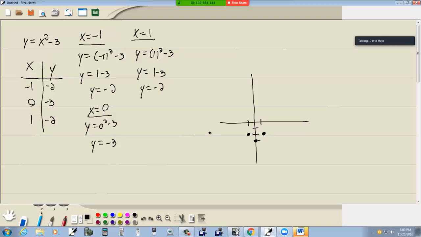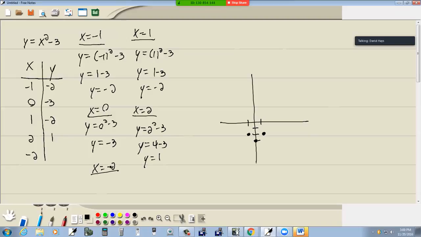Now it really doesn't give us enough idea of what's happening to come up with the graph. So what we'll do is we'll plug in a couple more points. We'll put in 2 and negative 2. Okay, so let's plug in 2 in the original equation. So we've got y is equal to 2 squared minus 3. 2 squared is 4, so we've got 4 minus 3, or 1.